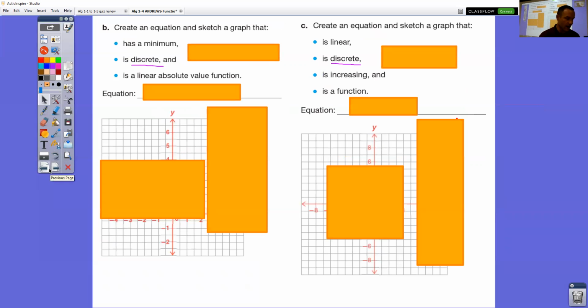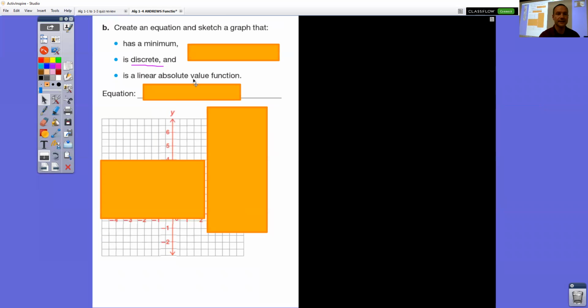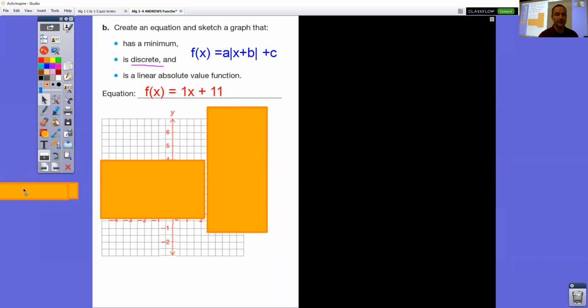So our next one that they want us to create has a minimum, is discrete, and is a linear absolute value function. So since it's a linear absolute value function, we need to use the absolute value function family equation, which is this. I'm just going to pick numbers.